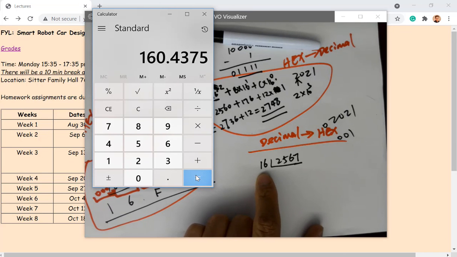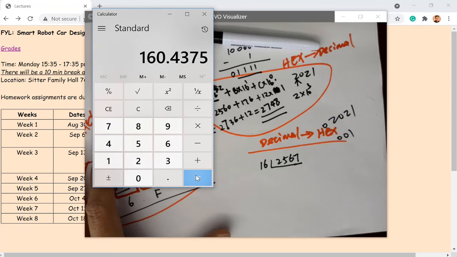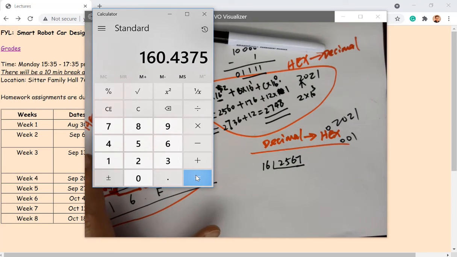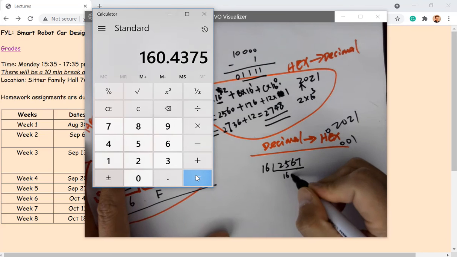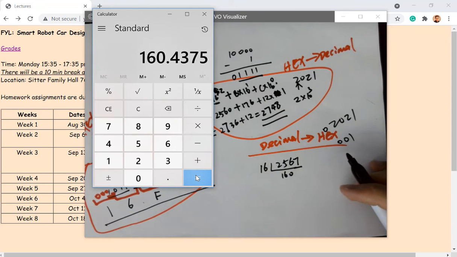The remainder is like 0.4. Huh? Isn't the remainder 7? So when you are doing a calculation, how do you do it? You have a calculator, right? So you find out, hey, 160. Good. So I put 160 here. And then you multiply this number and do a subtraction, right? Like you can directly find out it's 7.